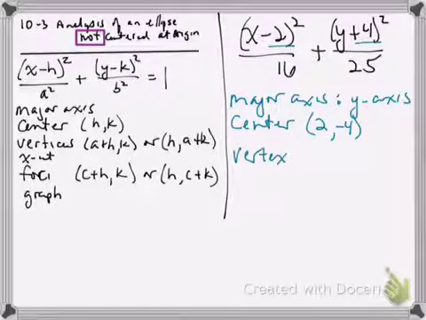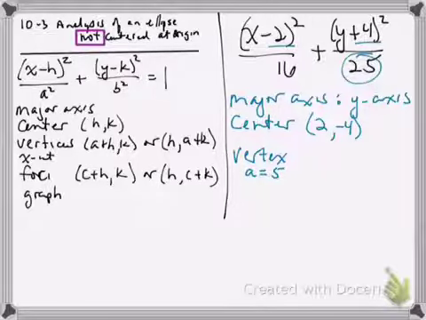And then I would find the vertices. To find the vertex I need to find out what a is going to be, and a equals 5 because the bigger number is 25. So we always go with the bigger number. And seeing that it's the y-axis, we're going to be moving along the y. So that 2 stays the same, but now it's negative 4 plus 5, so that's just 1.